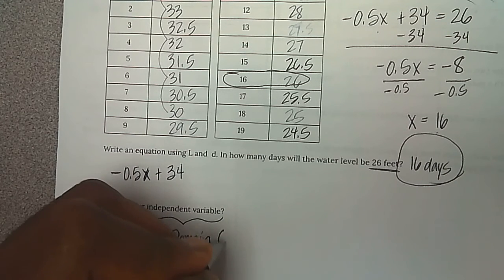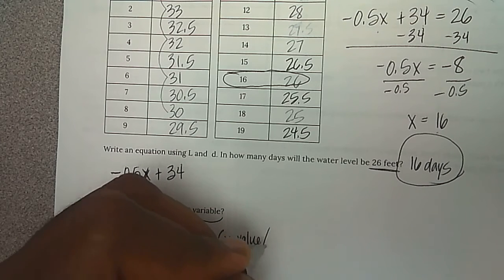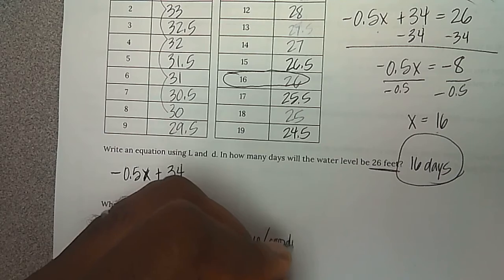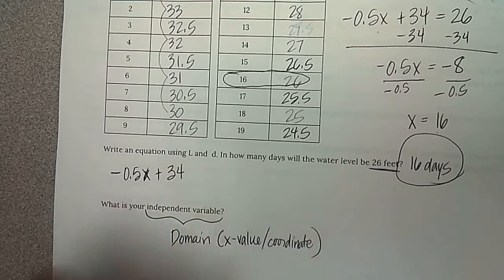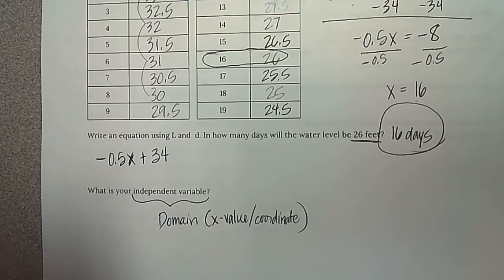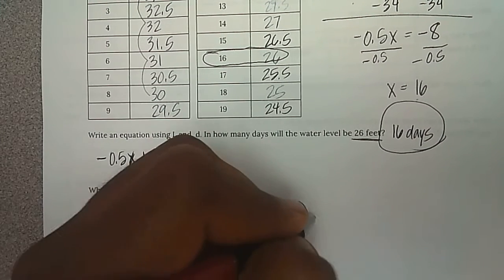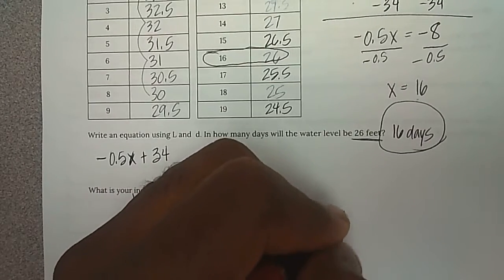Your domain is your x value or coordinate. We'll get into that. What controls the other thing? Well, my days tell me what the water level is. The water level doesn't tell me what the day is. So my x, my domain, are the days.